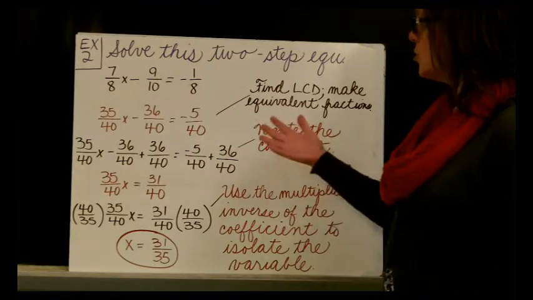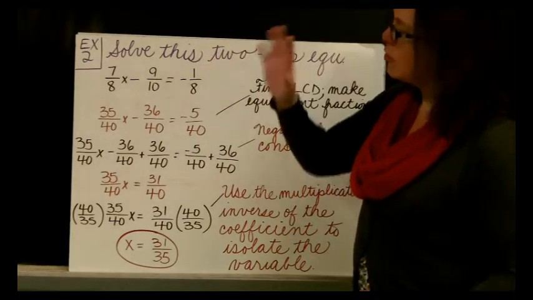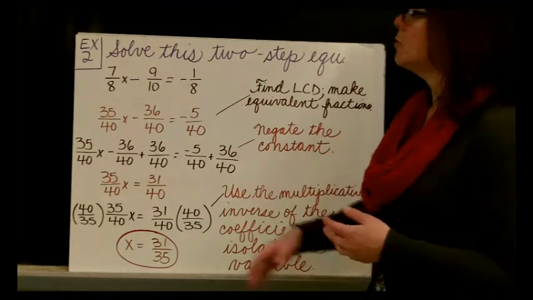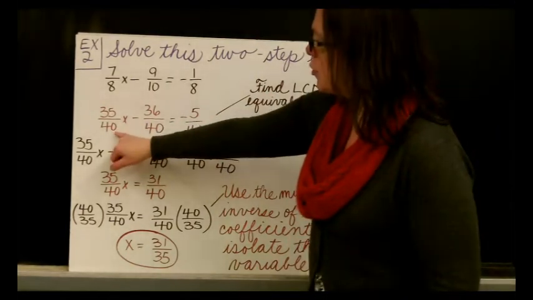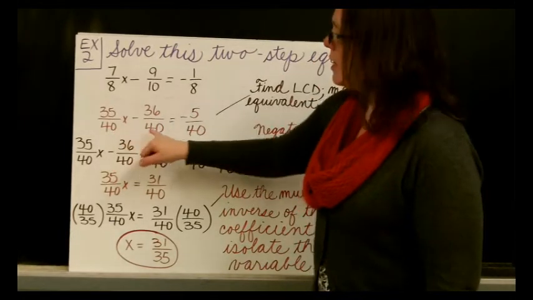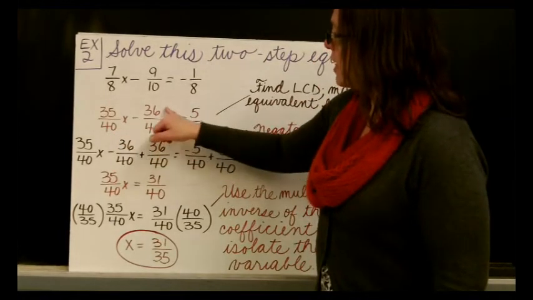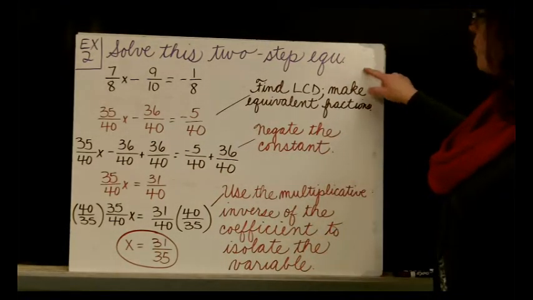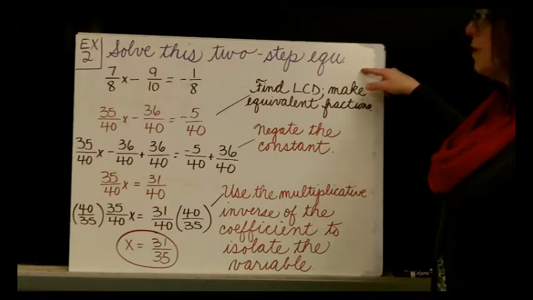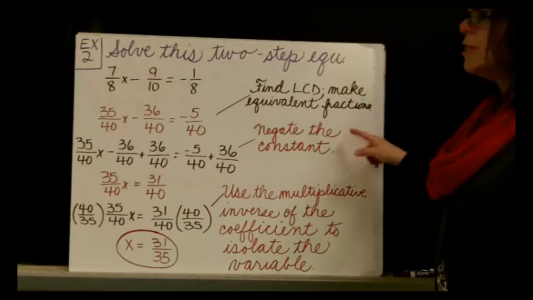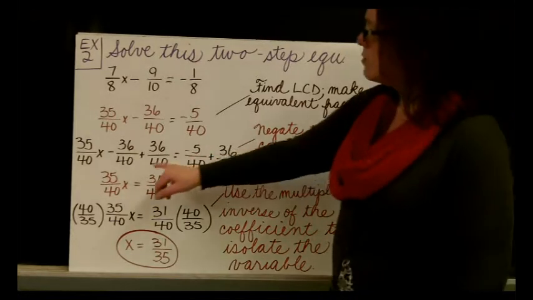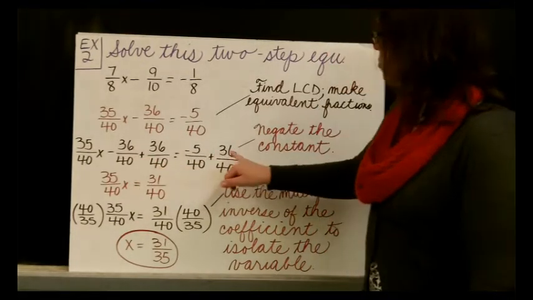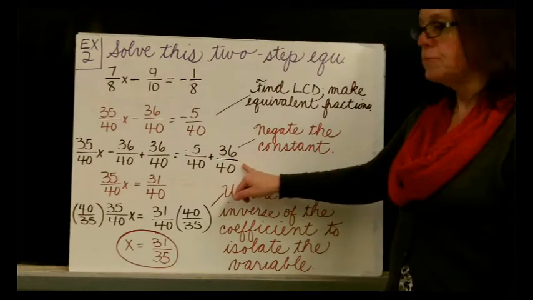And now what we're going to do, because you have to recognize that there are two terms keeping the x from being alone. It has a coefficient of 35/40, and it has a constant of -36/40. So our next step after finding the least common denominator and making equivalent fractions is to negate the constant. And we're going to do that by applying a positive 36/40 to both sides of the equation.